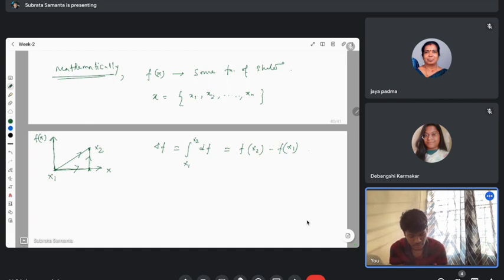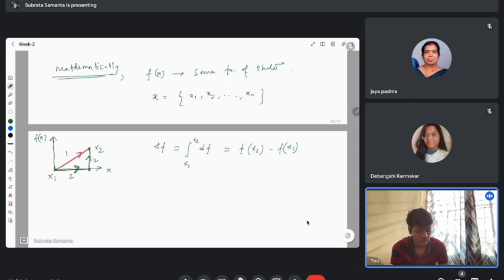So this is one path, and this is the second path. One path goes from this point to this point directly, and the other goes this way and then this way. So whether you go along path 1 or path 2, it's exactly the same thing.